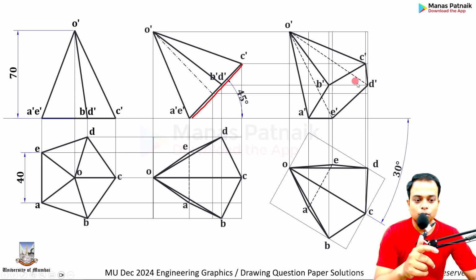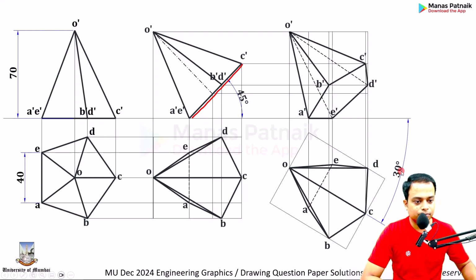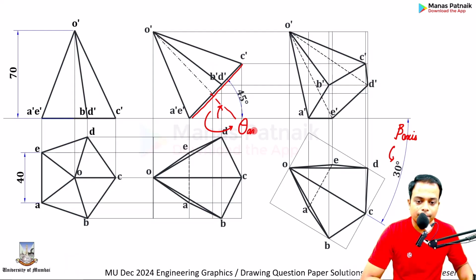And by the way, what is this? That's the angle made by the top view of the axis. This angle over here is beta axis. This angle over here, theta axis, and we are done. In 13 minutes, we have solved this.